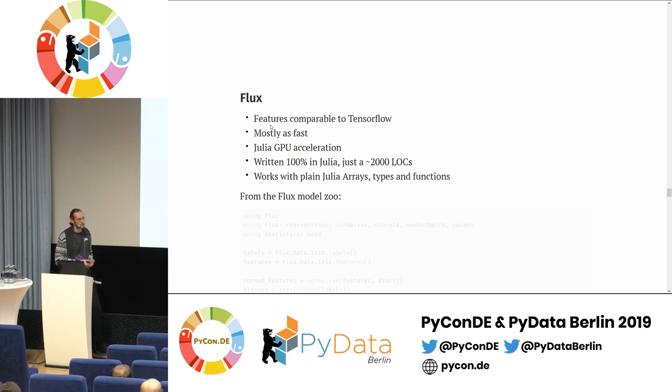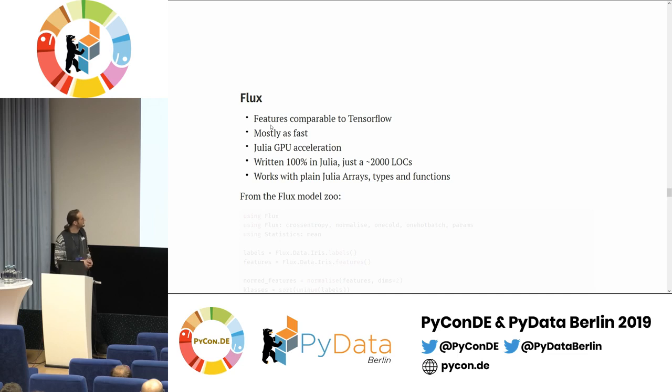It uses the Julia GPU acceleration infrastructure, which allows the framework to be 100% written in Julia while still having GPU acceleration. And last time I checked, the implementation was around 2,000 lines of code. So it's really approachable. You can actually go in there and look at the code and understand what's going on, which is very nice if you need to debug something.